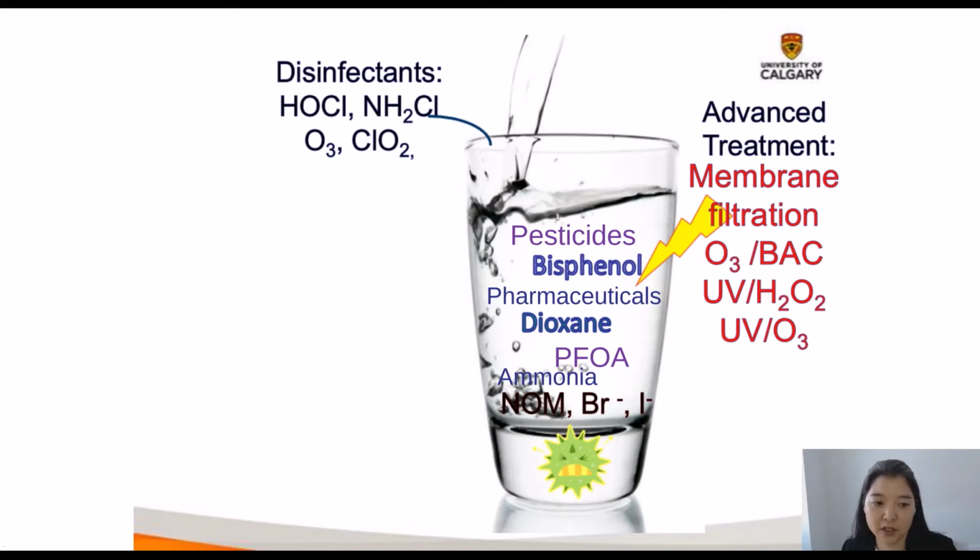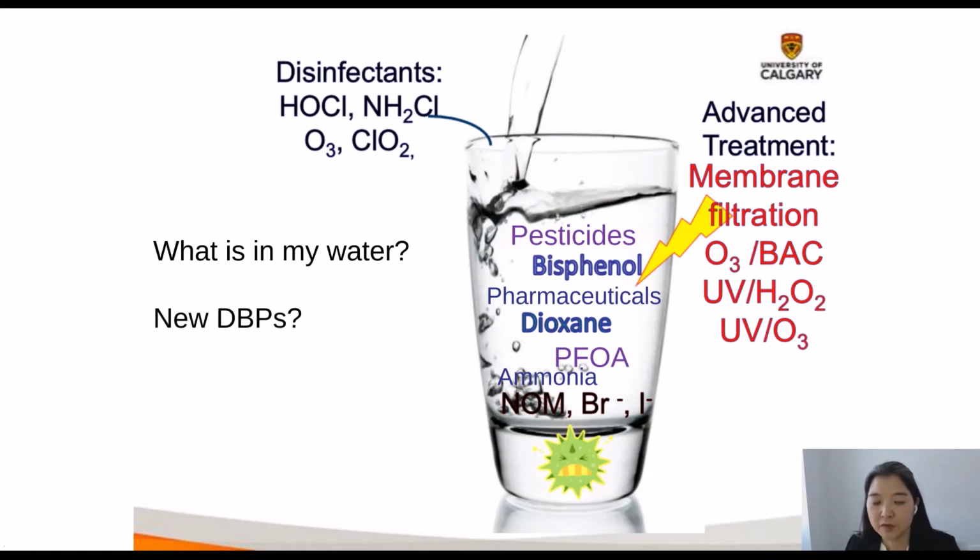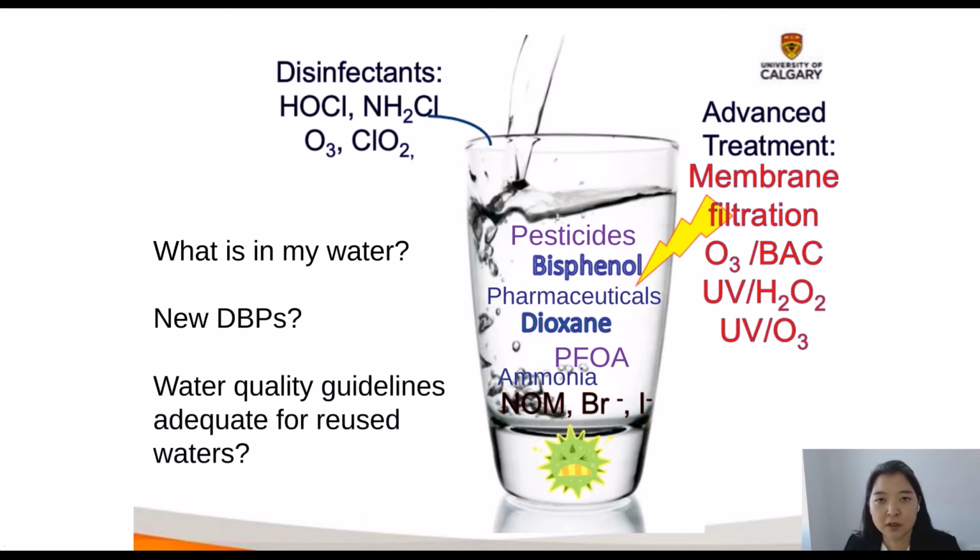So then some questions come up. What kind of compounds are being formed in this water with these new man-made chemicals? Are there new disinfection byproducts being formed? And are the water quality guidelines adequate for reused water? For example, we looked at which disinfection byproducts are being regulated, but are those the same with changing water? We don't know this.